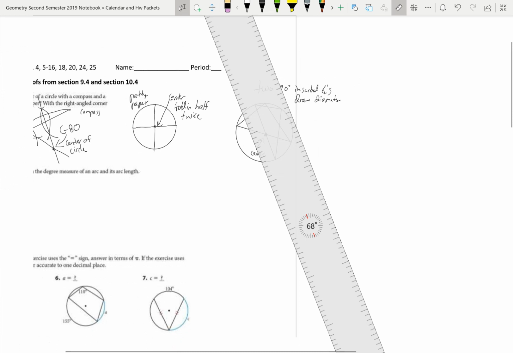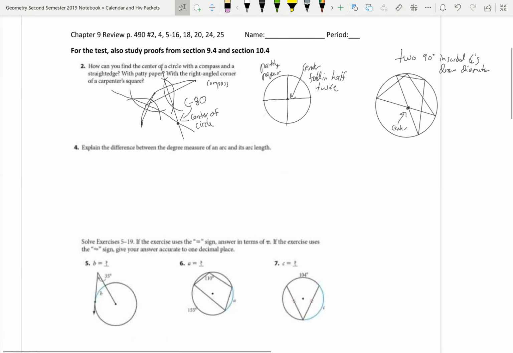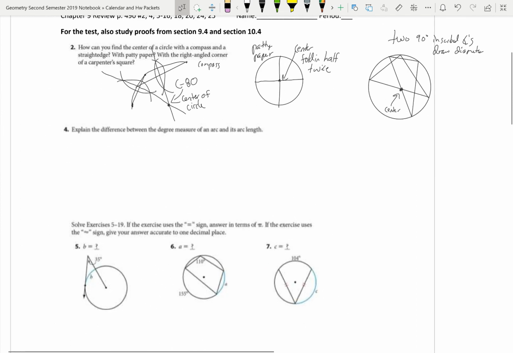So there you go. Next question is this. Explain the difference between the degree measure of an arc and its arc length. Okay. So an arc measure is between 0 degrees and 360 degrees. It's an angle measure based on the central angle.